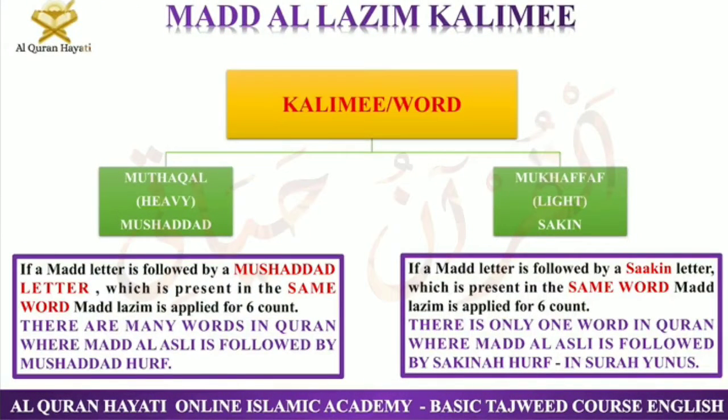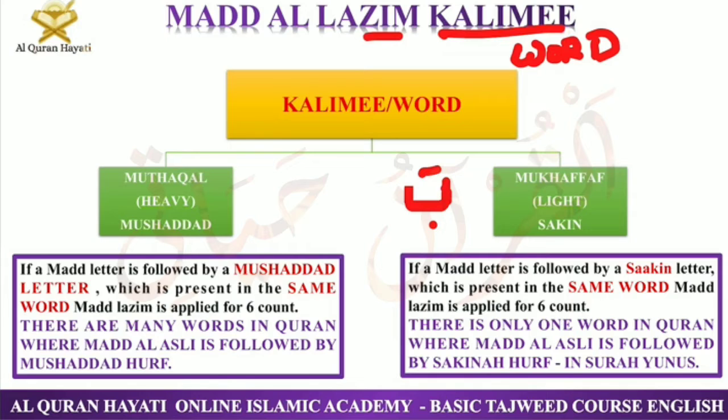First, let's see the mad al-lazim which takes place in words. What is the ruling we learned earlier for mad al-lazim? Huruf al-mad, for example, if we take the letter ba with fatha, then the huruf al-mad with this is always alif mad, right?